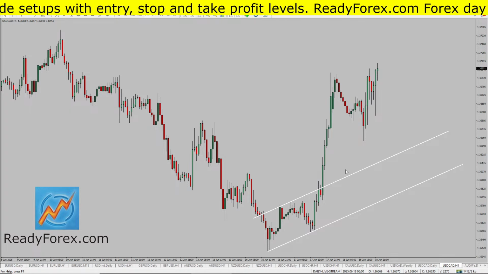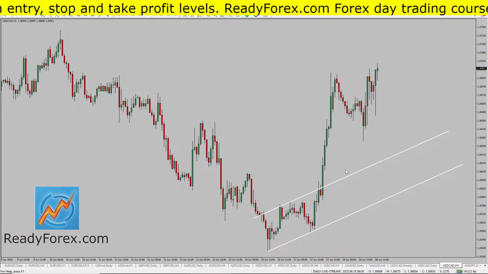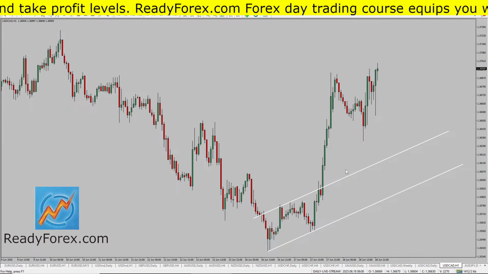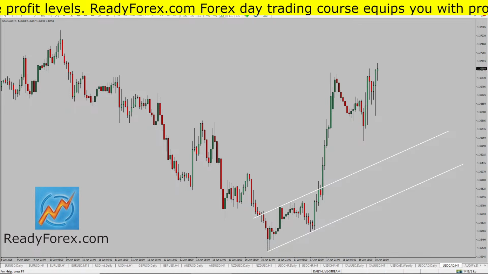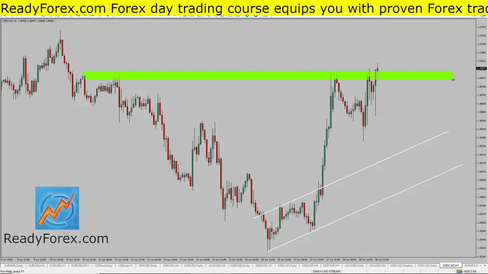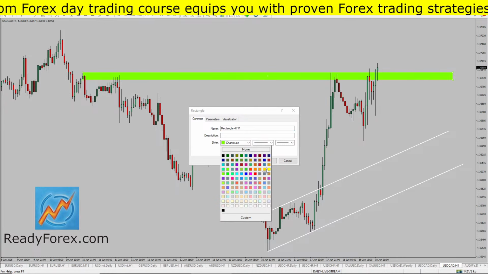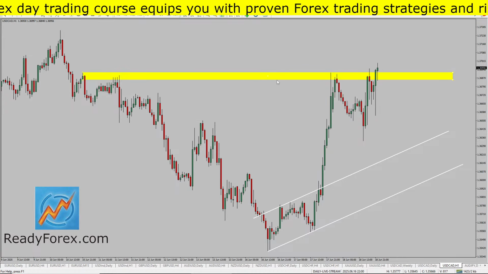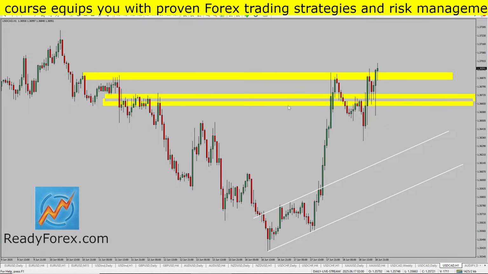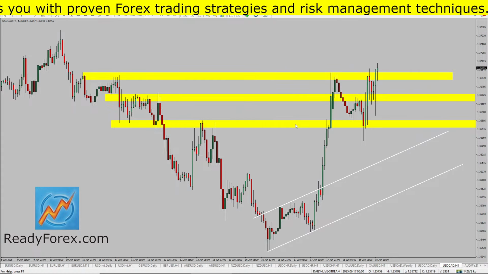Okay, it seems to me we got a nice uptrend inside US dollar CAD currency pair, and market is trying to break above multiple resistance levels. If you check out the left hand side, these are the different areas right over here. So some sort of a struggle is going on, and price action is trying to push to the upside.